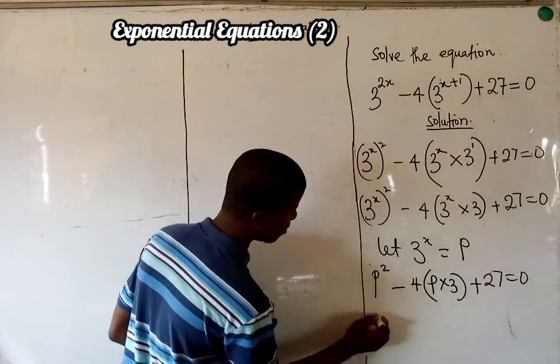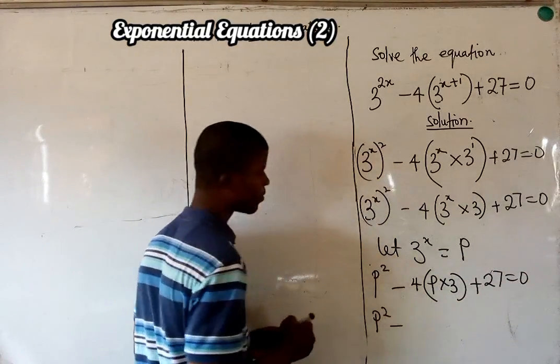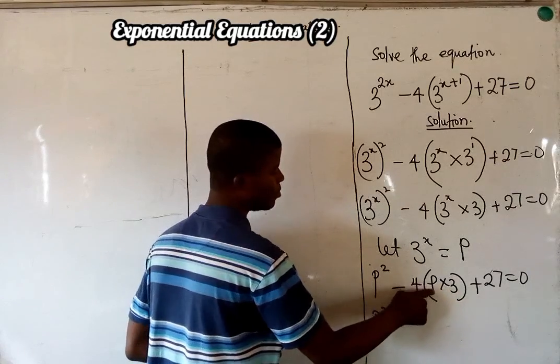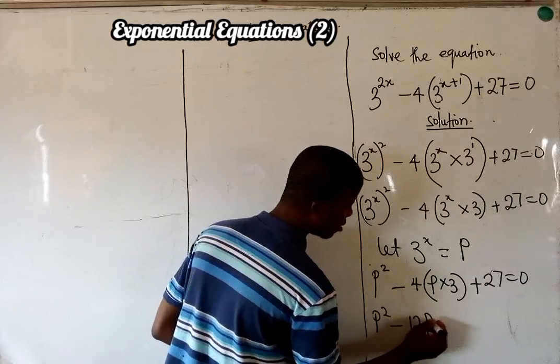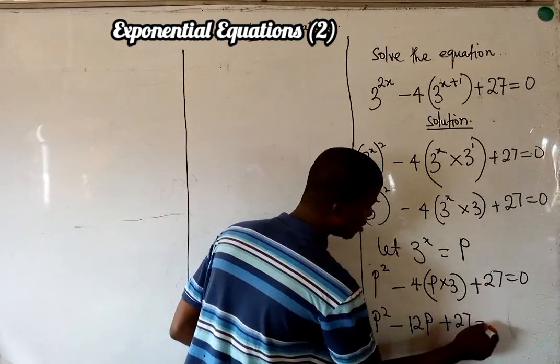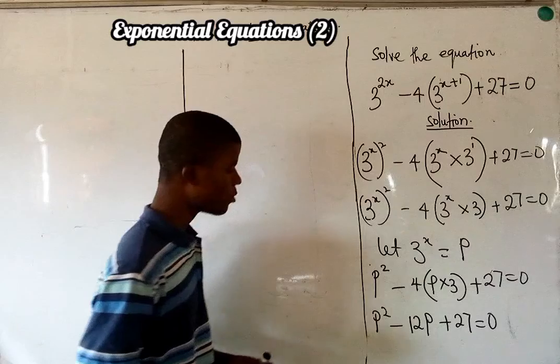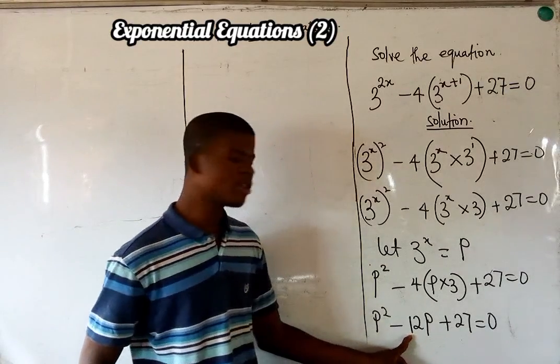So let's simplify. p squared minus 4 times p times 3, that's 12p, minus 12p plus 27 is equal to 0. At this point, we can now solve this quadratic equation.